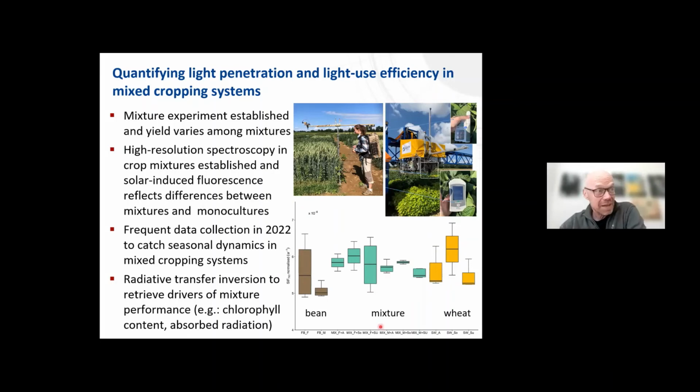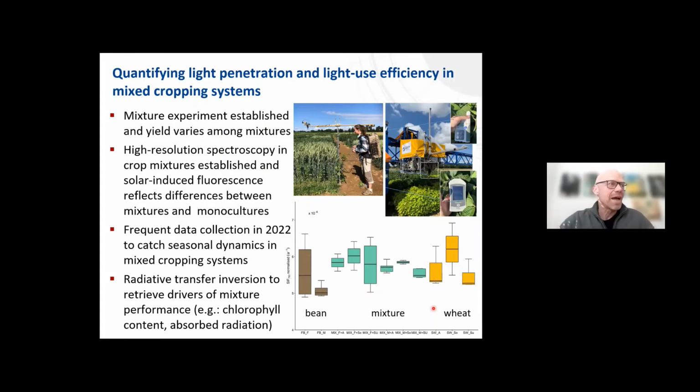One first result from this is that we, for example, look at the top of canopy emission of the fluorescence signal from the monoculture bean and wheat. We have two contrasting partners, high fluorescence and low fluorescence in bean, and also 3 wheat varieties with contrasting fluorescence emissions. That's how we chose them.